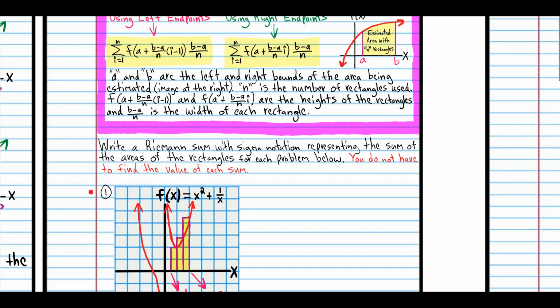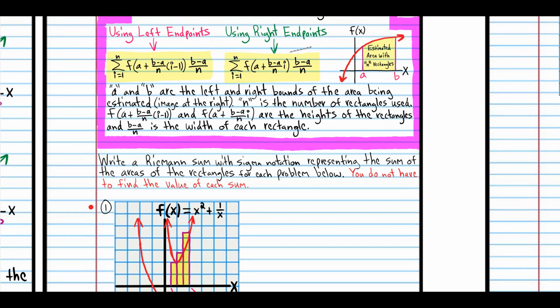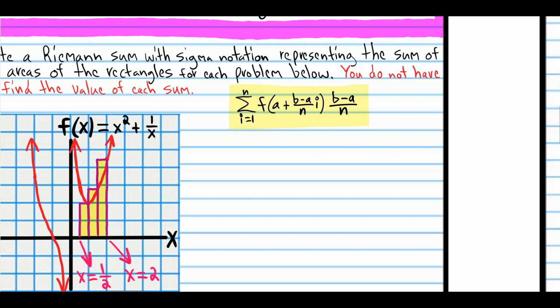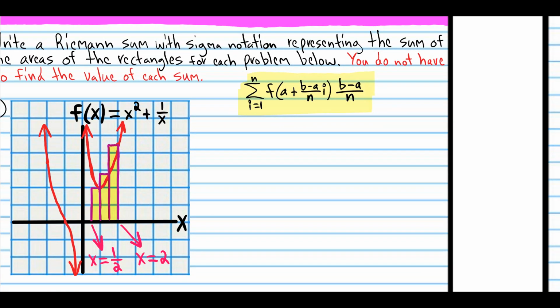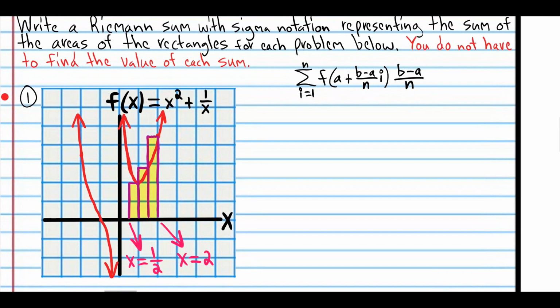And so I'm going to take this formula and copy it just like we did in the previous class. And I'm not going to find the sum of the areas, I'm just going to write it in sigma notation.